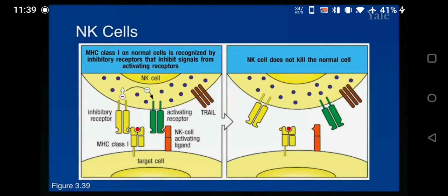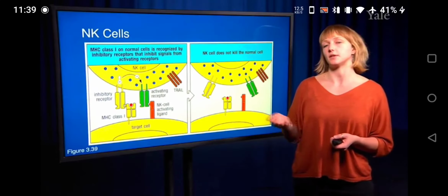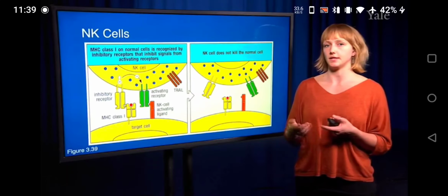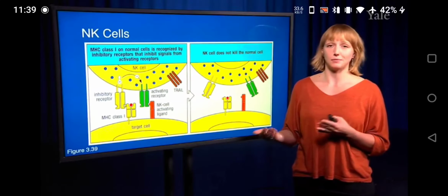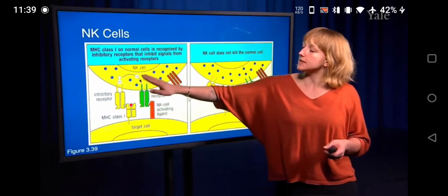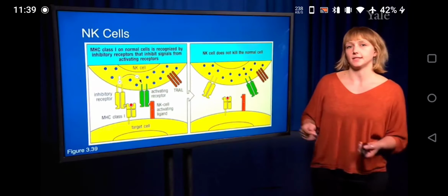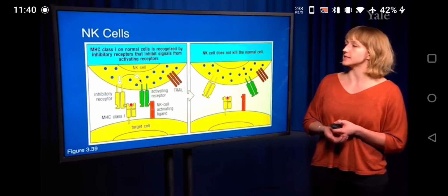So MHC class I molecules are expressed on all nucleated cells, and they present intracellular pathogen epitopes. However, the presence of MHC class I molecules sends an inhibitory signal to the NK receptor, signaling that it is a cell that hasn't downregulated MHC or is a self cell. And these inhibitory signals will repress any activating signal such that the NK cell doesn't kill the uninfected or normal cell.